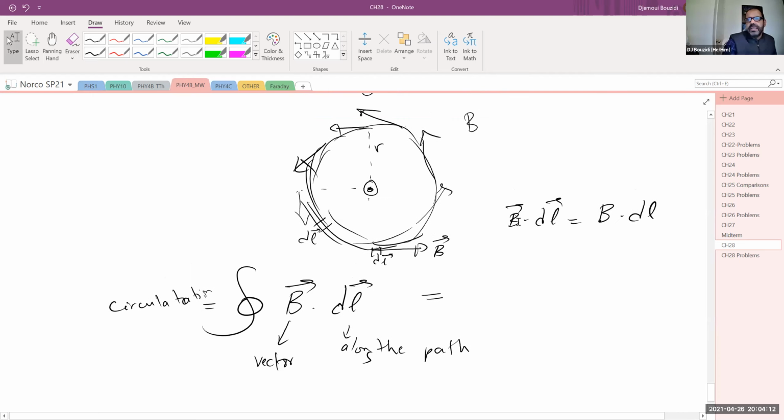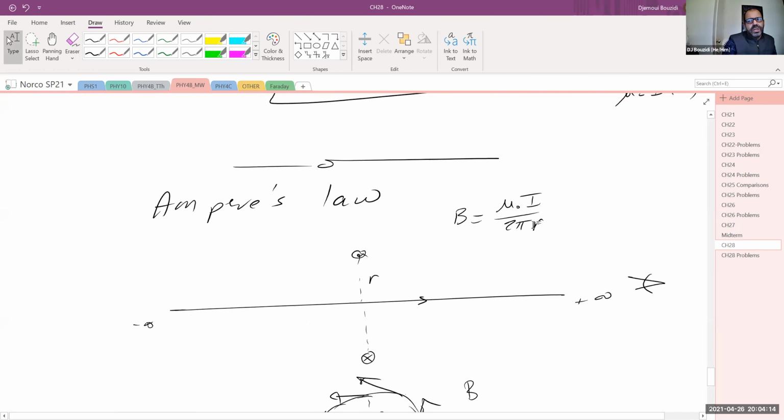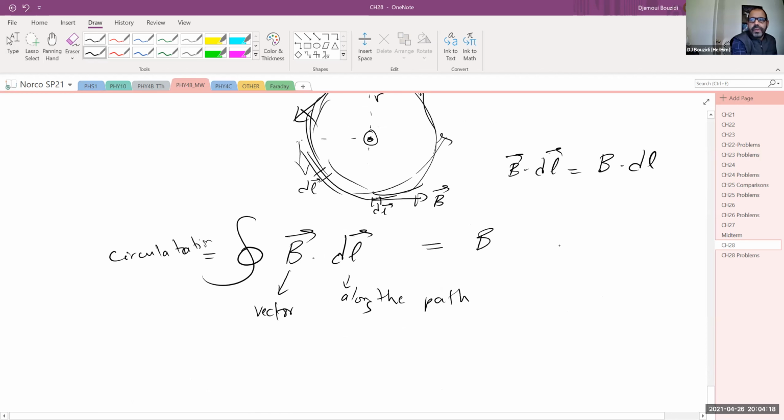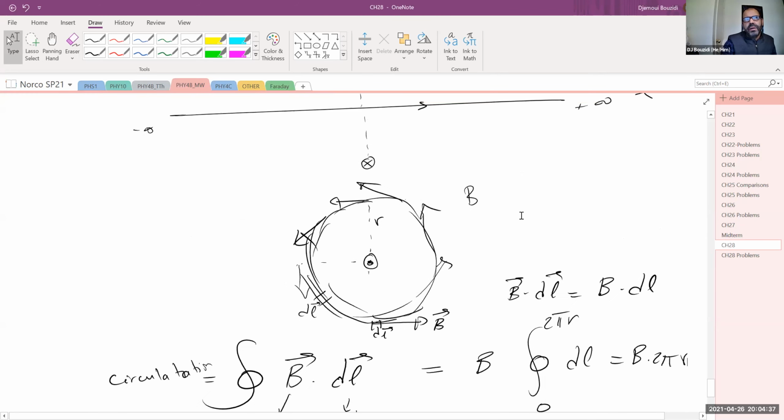Furthermore, B is constant. I was arguing earlier that it's constant because R is not changing. Since R is not changing, B will come out of the integral, and I'm left with simply the integral of dl from 0 to 2 pi r, okay? So this expression will then be simply equal to B times 2 pi r. And B has a 2 pi r in the denominator to begin with.